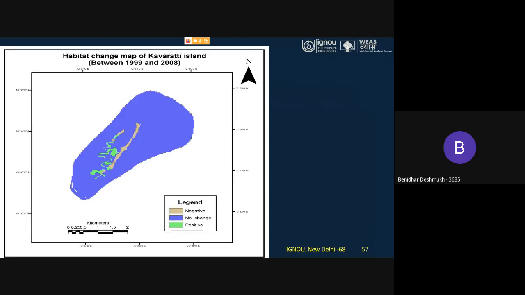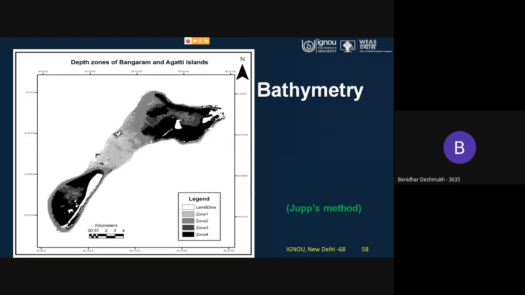And this is the map that gives change within those 2 dates, how those changes have taken place in those times. So this negative, positive, whether you can make any criteria, and then we can identify those pictures.